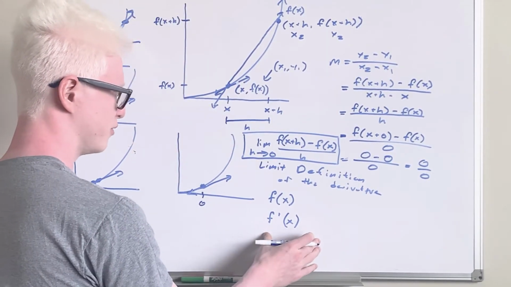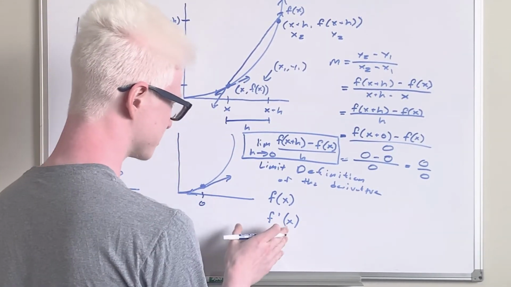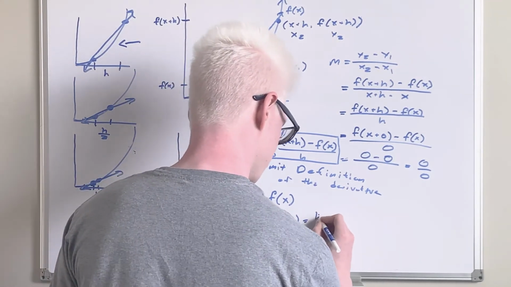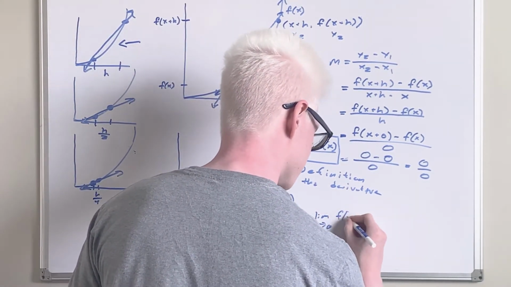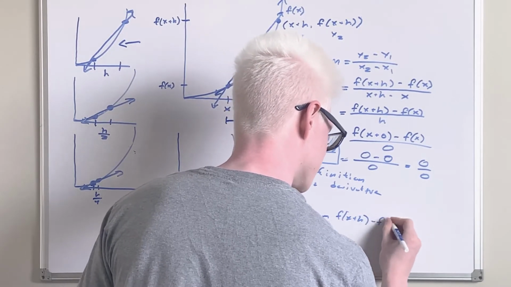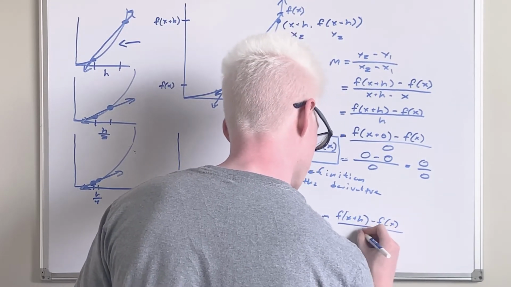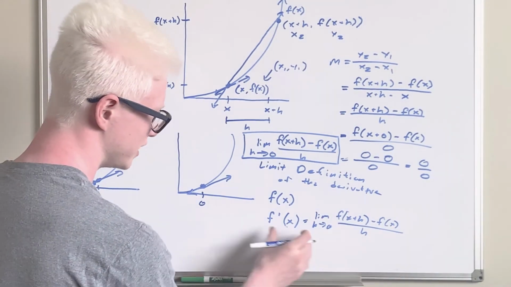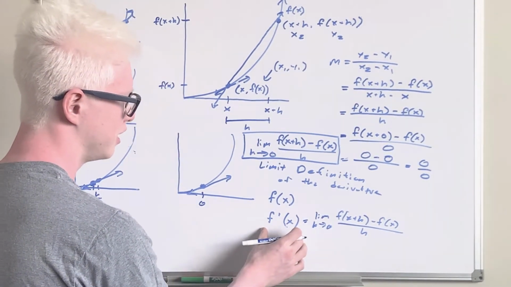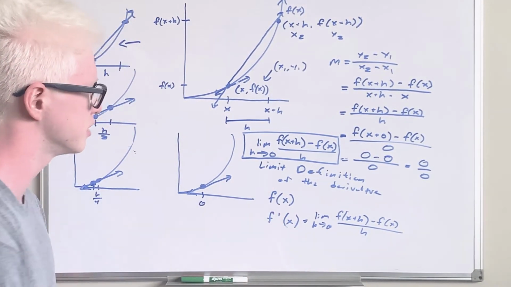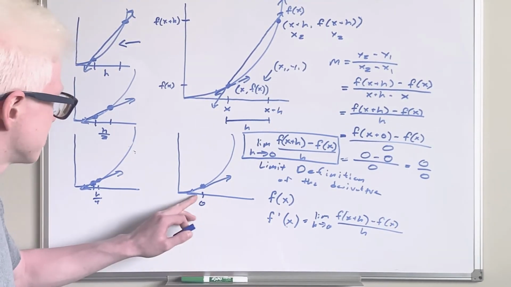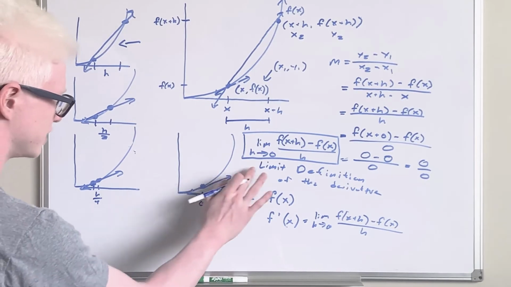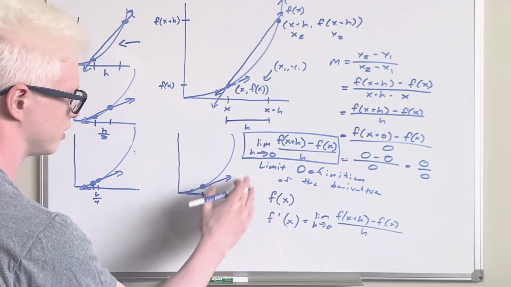This denotes the derivative. So this is equal to the limit as h approaches 0 of f of x plus h minus f of x all over h. This is going to give us another function, and that function is related to the first function, because whatever x value we plug in here will give us the slope of the tangent line at the point that we're interested in.